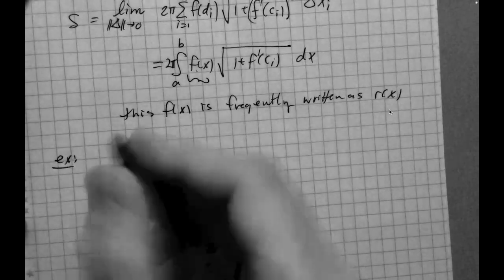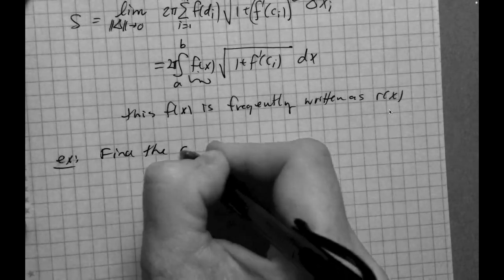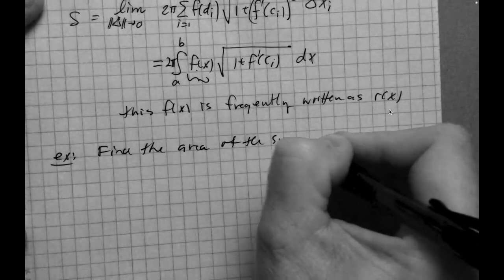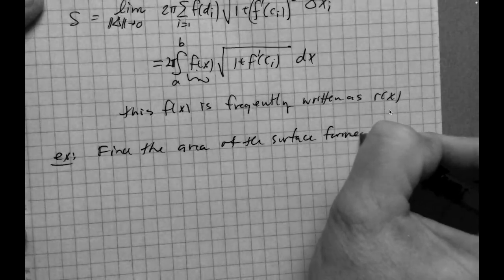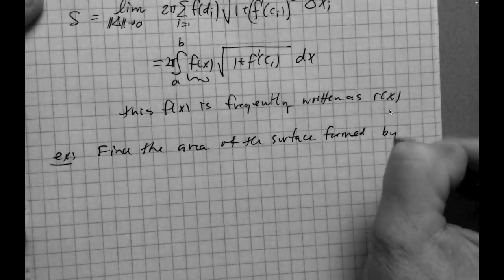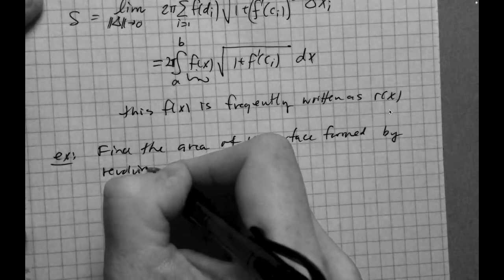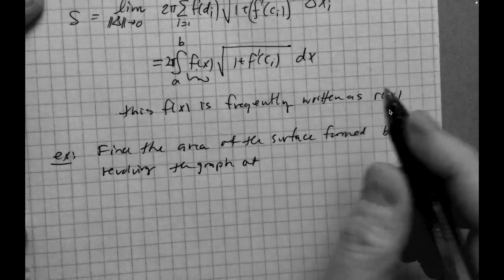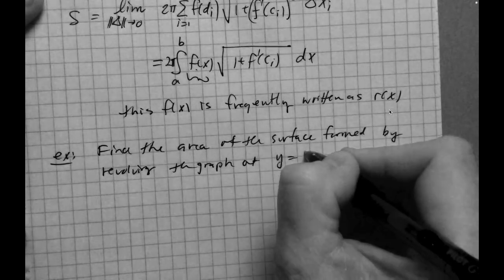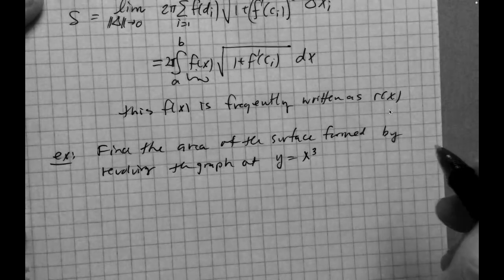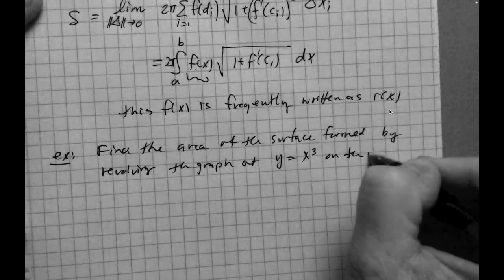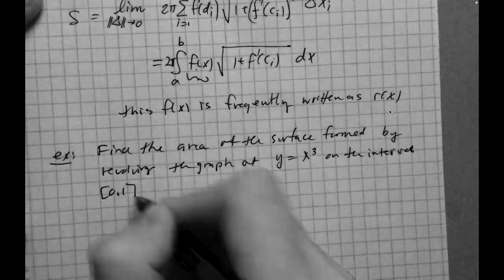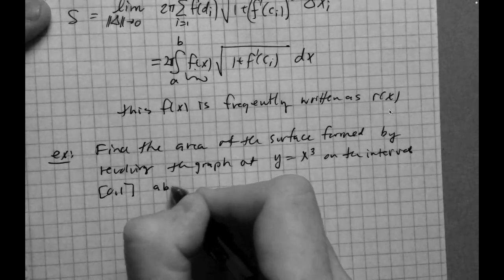The first one: find the area of the surface formed by revolving the graph of y equals x cubed on the interval 0 to 1 about the x-axis.